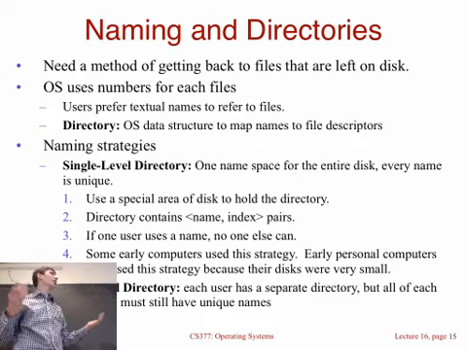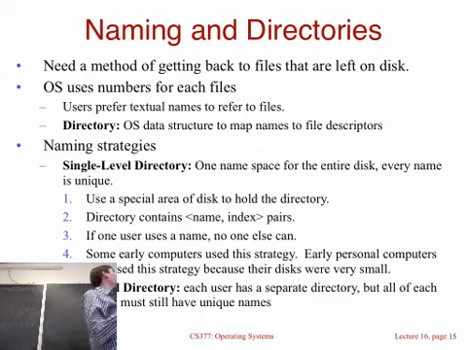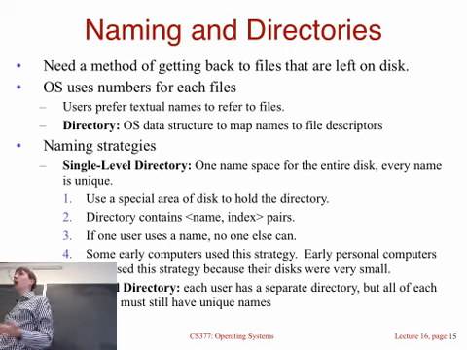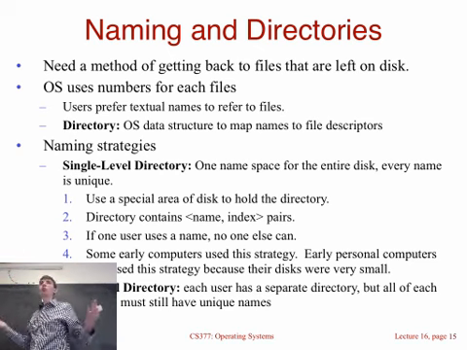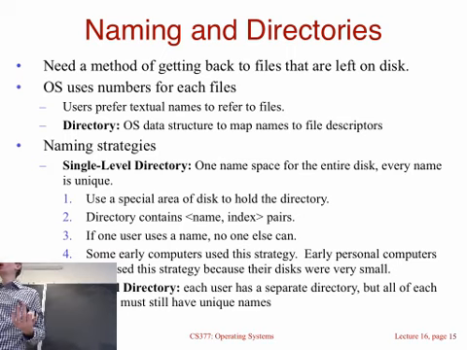So we have to consider how we are actually going to lay out our directories. The simplest possible way is a single level directory, which is essentially one huge directory that stores all of the files, so every single file sits in one directory. Now, what's the obvious downside to doing it that way?